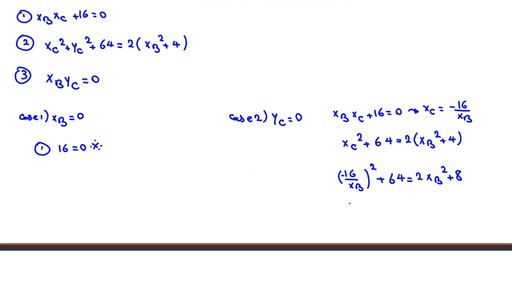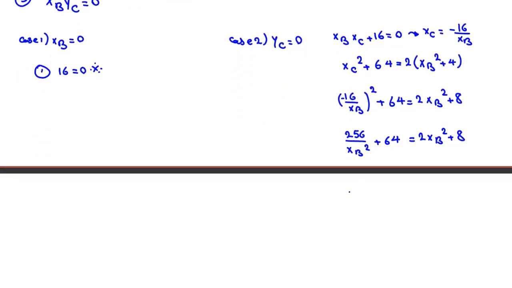Now, negative 16 squared is 256 over xb squared plus 64 equals 2xb squared plus 8. Now we multiply both sides by xb squared. It will be 256 plus 64 xb squared equals 2xb to the 4 plus 8xb squared.